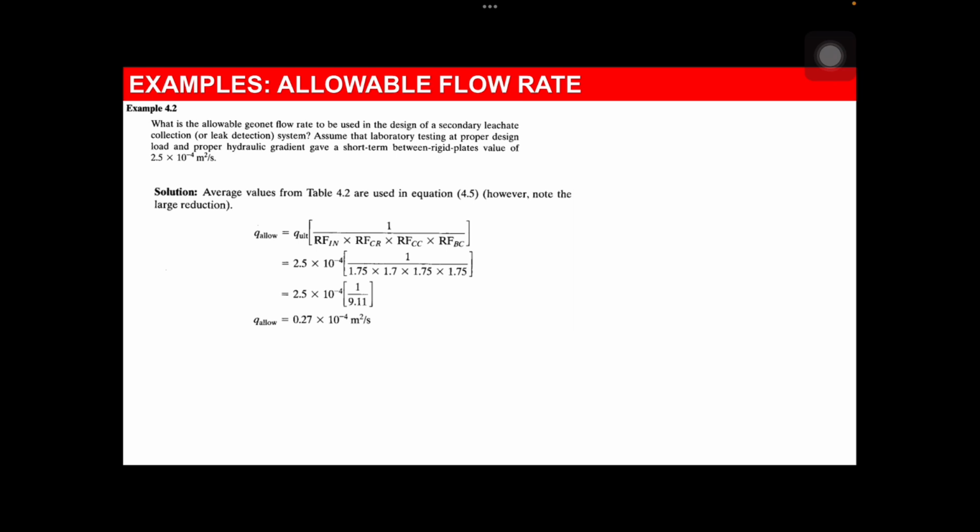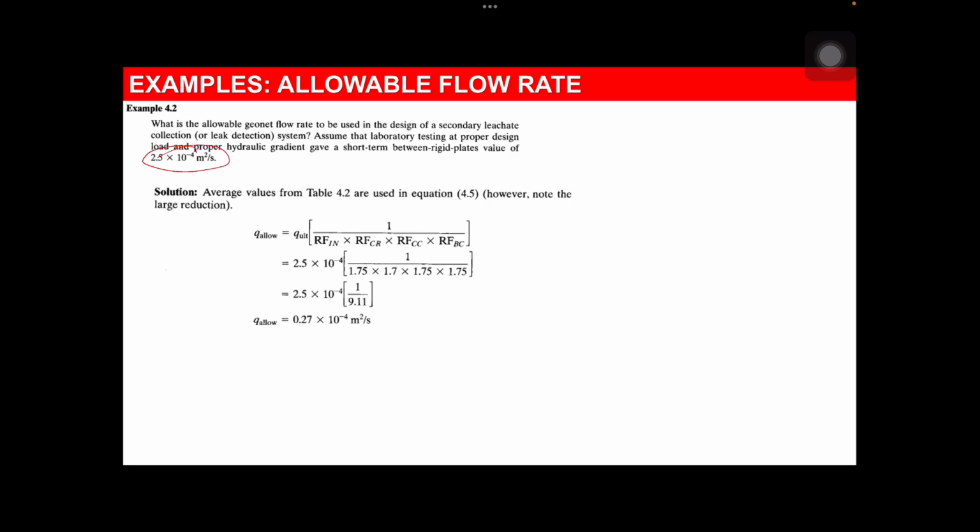So, example, what is the allowable Geonet flow rate to be used in the design of a secondary leachate collection system? Assume that laboratory testing at proper design load and proper hydraulic gradient gave a short term between rigid plates value of transmissivity.